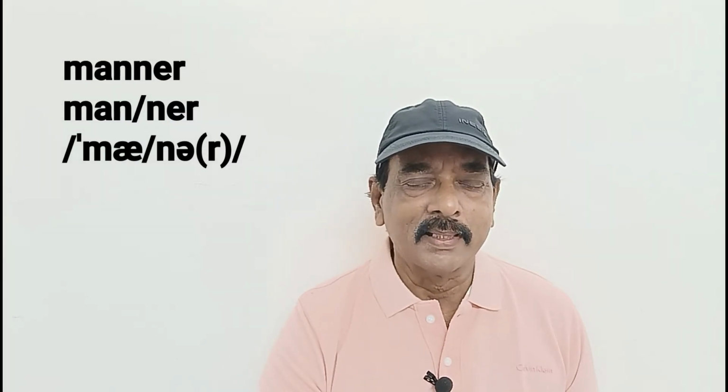In syllables, you find there is a vowel sound in between two consonants. For example, in the word man, there is a vowel A with the A sound. Man. The same word, if extended as manner, is a disyllabic word.